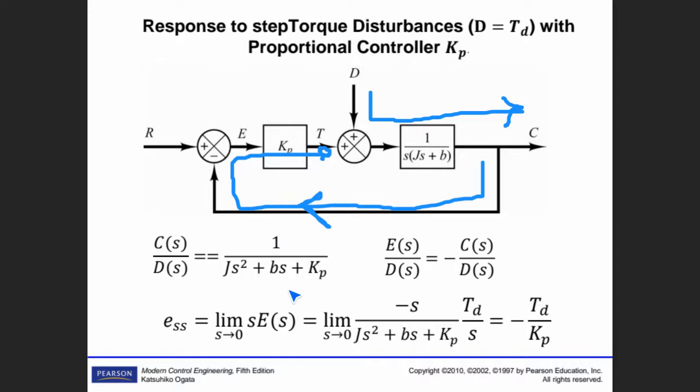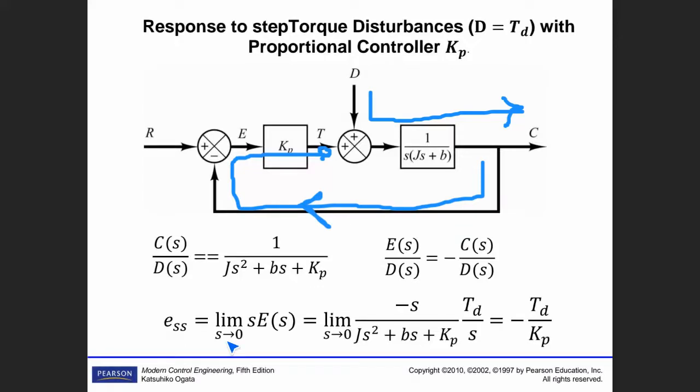Sorry, follow my cursor. I have already shown that one. Since E is equal to minus C, there is no R here, of course, then it's equal to minus Cs over Ds. So Cs over Ds is actually Es. So multiplying with Ds gives you Es. So the steady state error, I repeat, that's important, we are now looking for the steady state error.